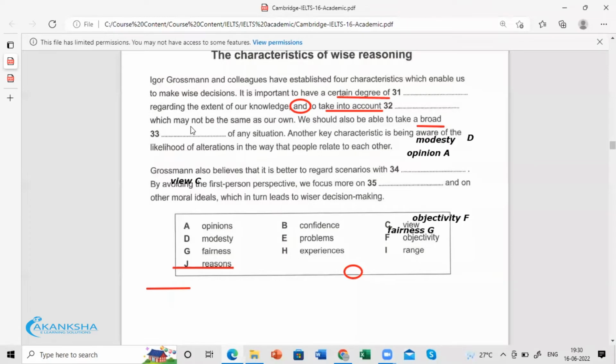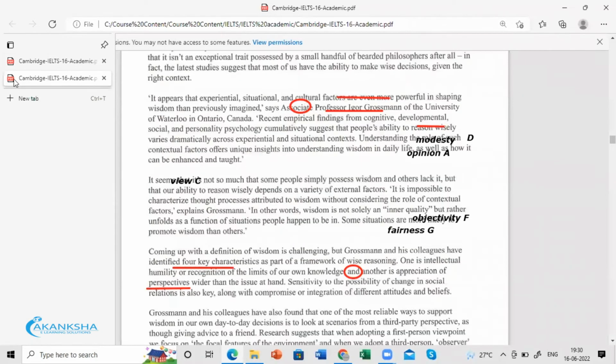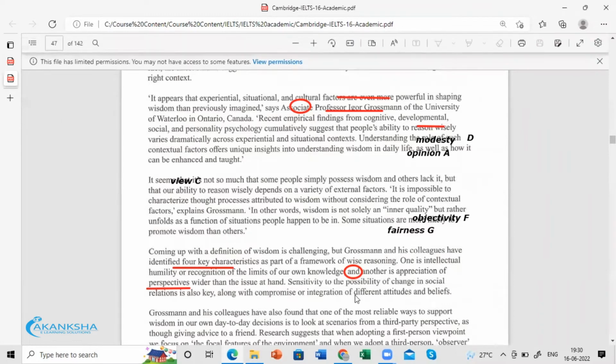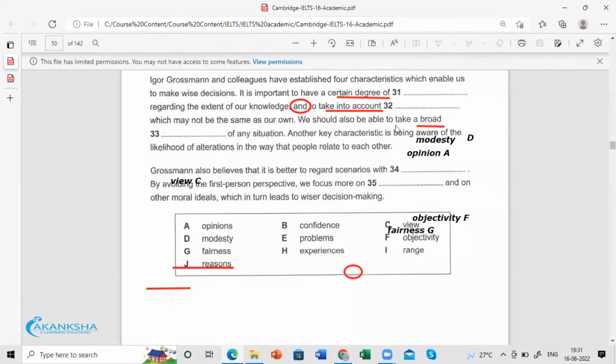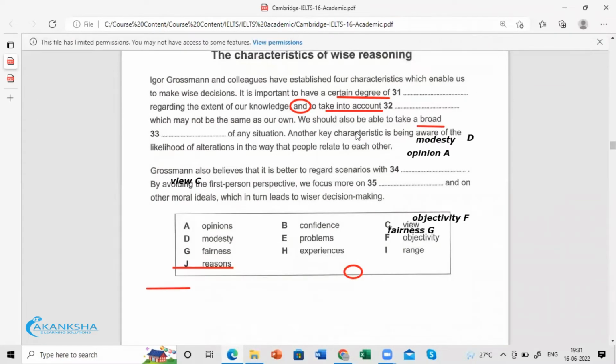And they say another key characteristic is being aware of alteration. So another key means they're going to the next thing here. As they say here, sensitivity to the possibility of change in the social relations is also a key. Another key characteristic means they are adding to that.